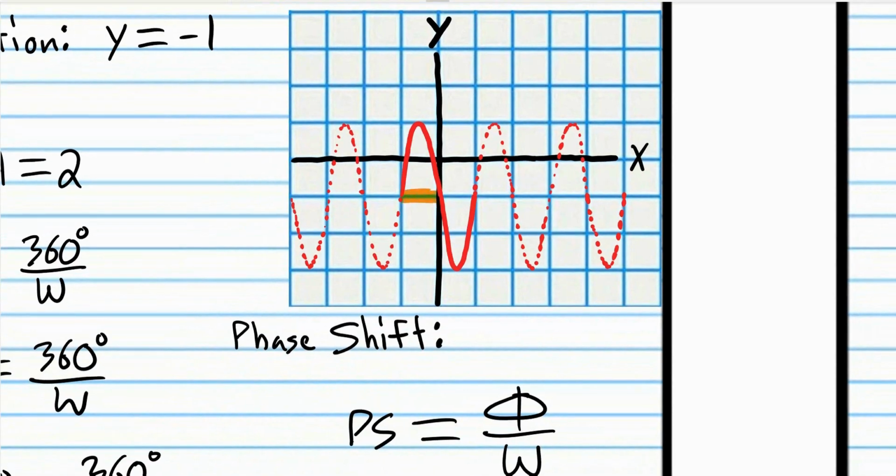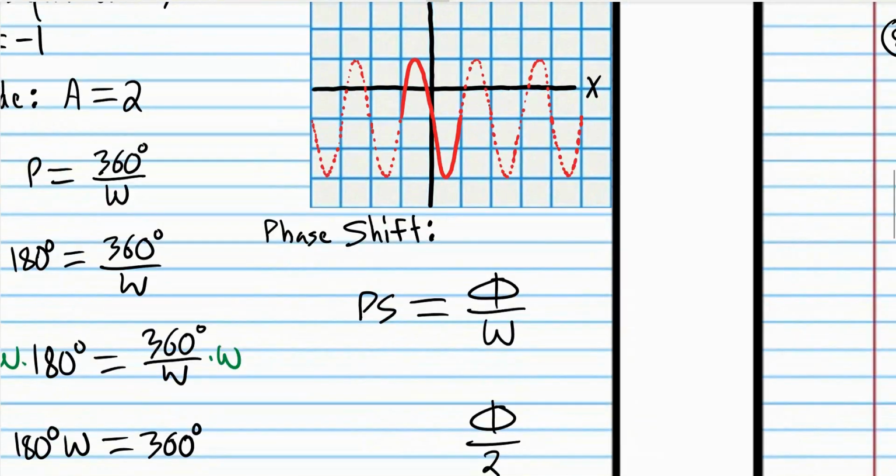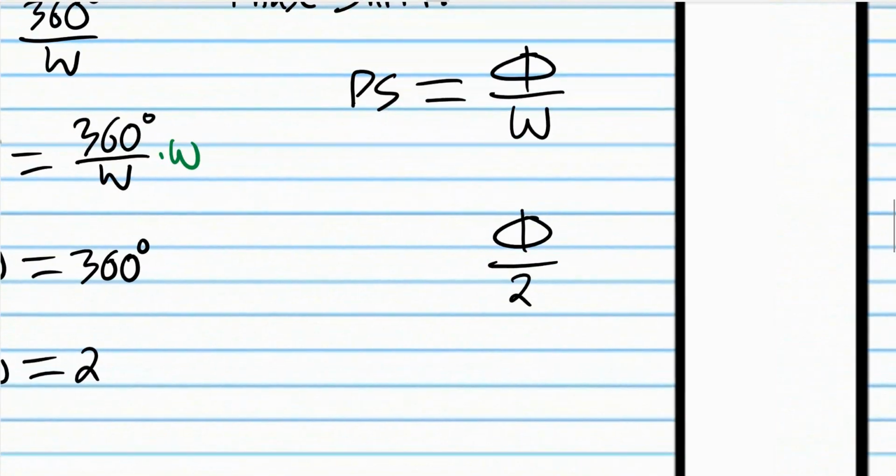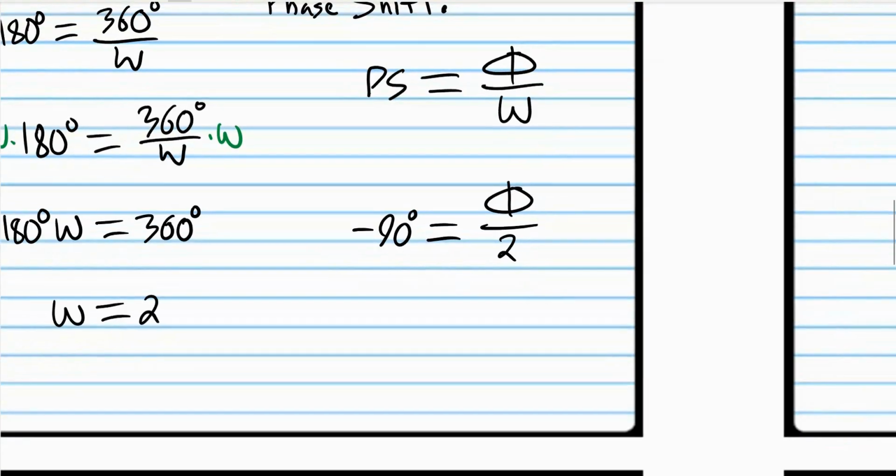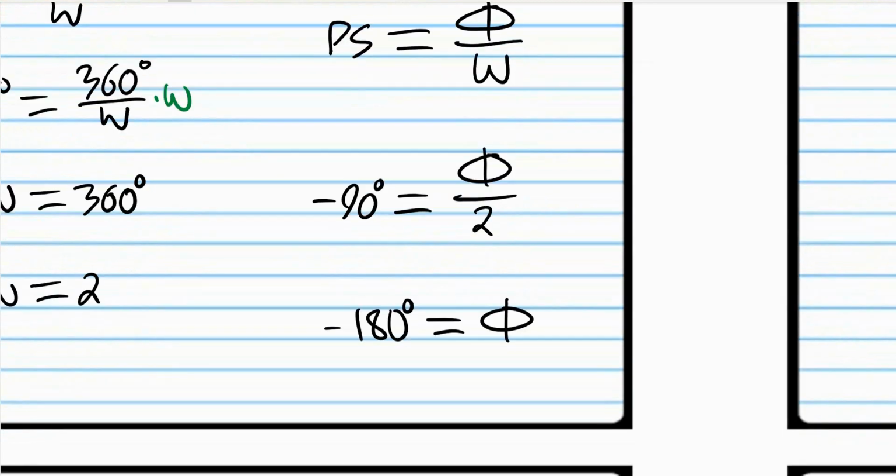So see that distance there, 90 degrees to the left. So the phase shift, we can see just by looking at the graph, is -90 degrees. If we multiply both sides by 2, we can see that phi is equal to negative 180 degrees.